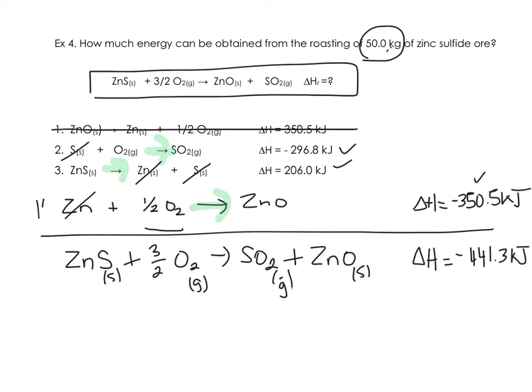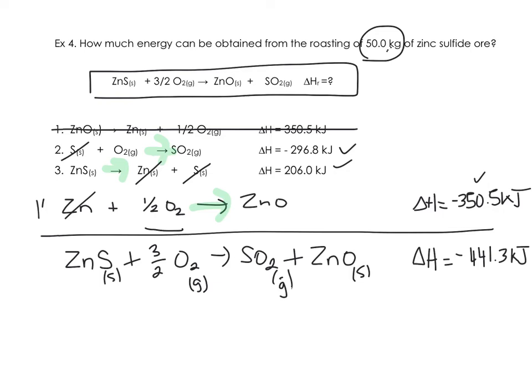So when zinc sulfide is roasted in oxygen atmosphere, we will release 441.3 kilojoules. Now don't forget, that's the enthalpy change for this reaction, so that's one step.